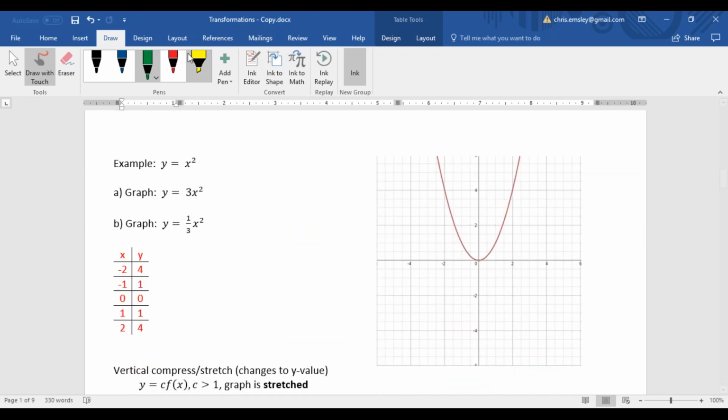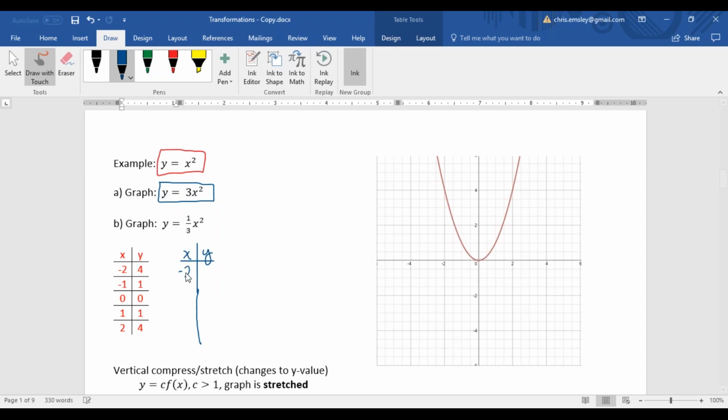Here's another set of functions we want to look at. Again, I'm going to start with that same parent function that I've been starting with each time. We have our graph and our t-table. So this time you can see we're not adding or subtracting anything with our function, but we have a multiplier there. We have 3 times x squared, or 3 times our original function.